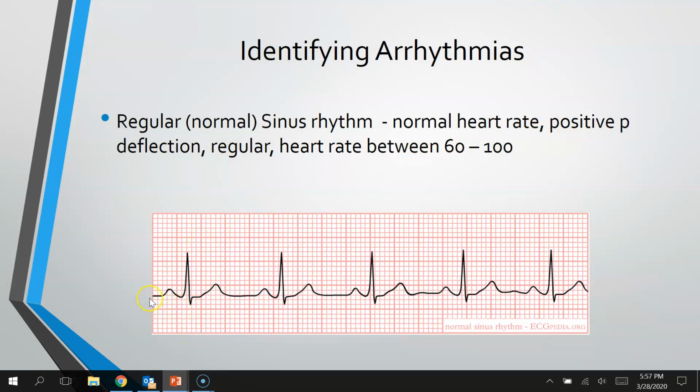And so we can see we have a beautiful P wave, a QRS, and a T. We have a little break, a P wave, a QRS, and a T. Notice that all of those between the T wave and the P wave are all about exactly the same length. There may be a tiny bit of a deviation, but we're going to be able to see that.